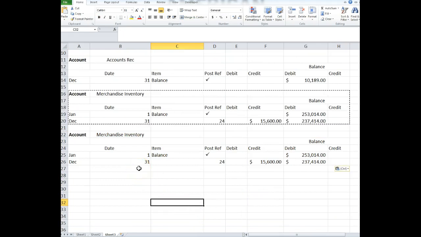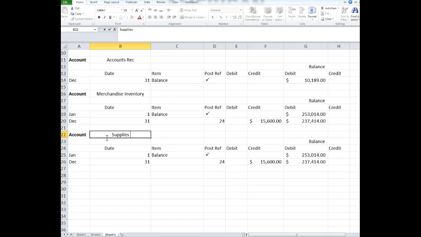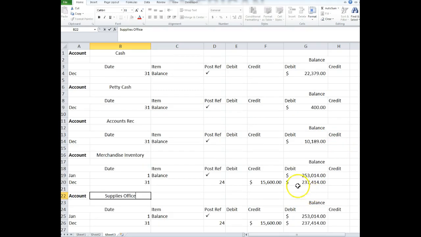Okay, so our next one is supplies office. I forgot to write the account numbers up top. I'm writing in the account numbers. I forgot to write those in.